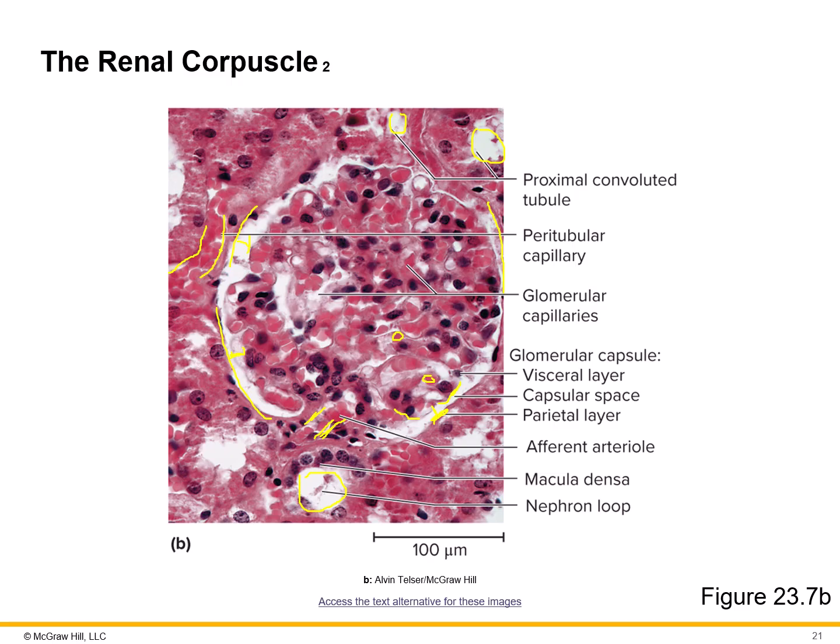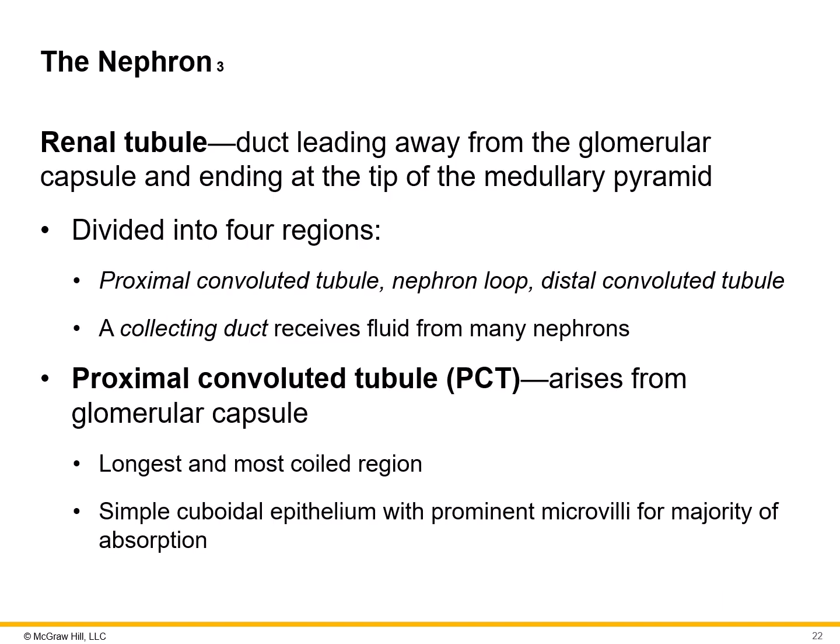This would be a capillary bed surrounding the glomerulus, so it's outside of our glomerulus. This would be something like a peritubular capillary. All right, so that is our renal corpuscle, the glomerulus and the capsule surrounding it.